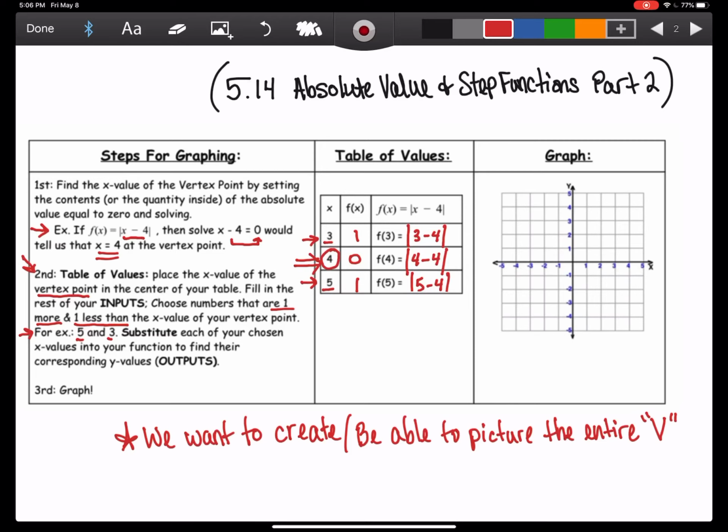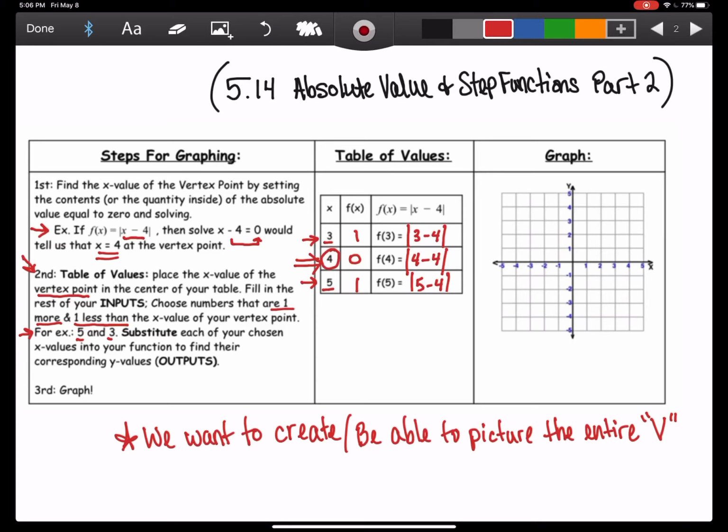Because what we entered in the x column followed the rule from the second step, we started with the vertex point and went 1 below and 1 above, now we have this pattern in our y column, or f of x column: 1, 0, 1. It might be 2, 0, 2, but there's always going to be a 0 in there. 0 should always be the number that's paired with the vertex point's x value.